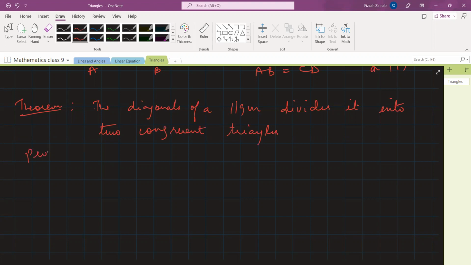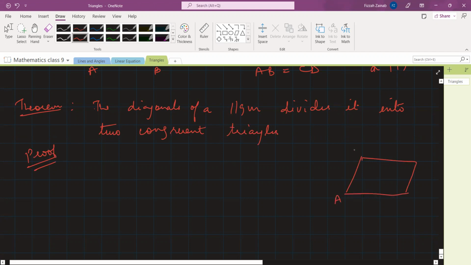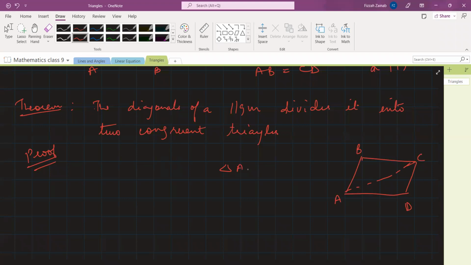And you have to do its proof also. It can come in the exam. So that means if you have a parallelogram A, B, C, D, and then this is the diagonal, the AC will divide it into two congruent triangles. So triangle ABC will be congruent to triangle ADC. Is that clear? So far only this much properties I'm using. So let's move to question number 8 of the exercise.